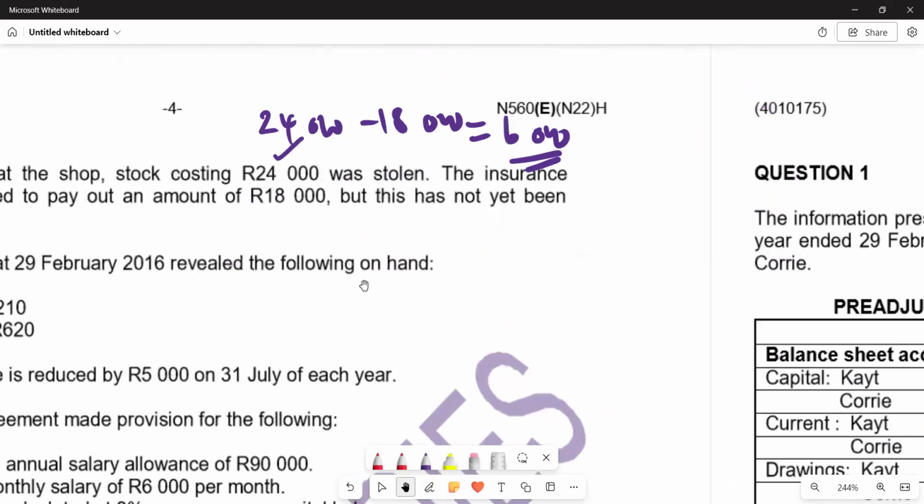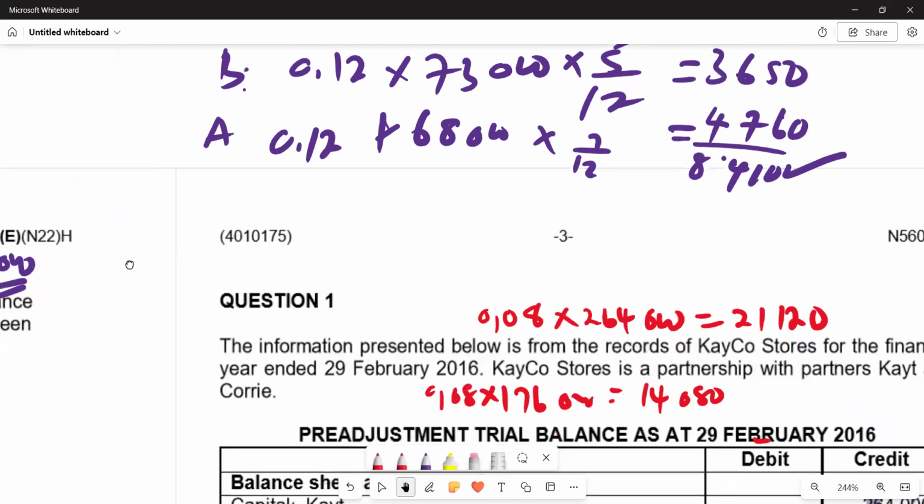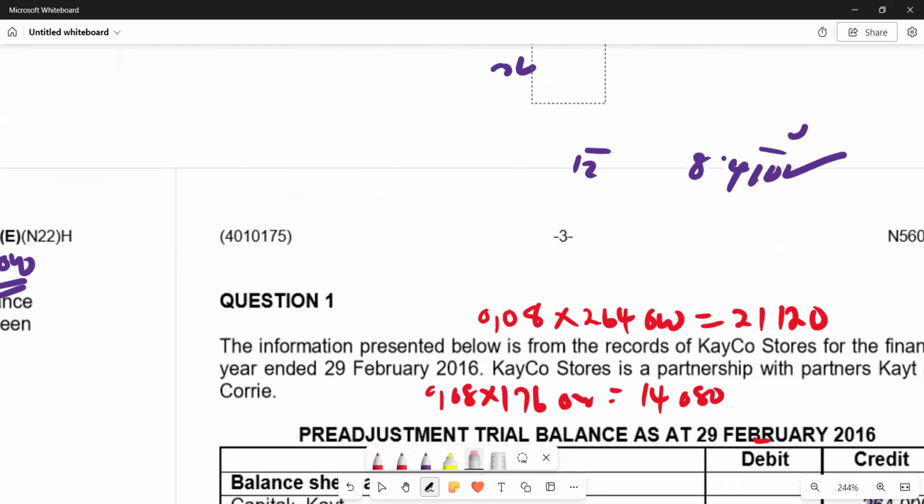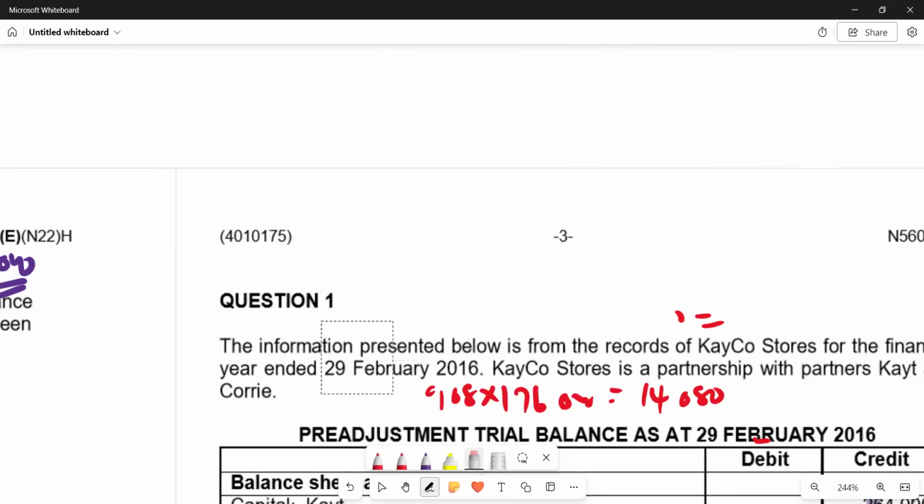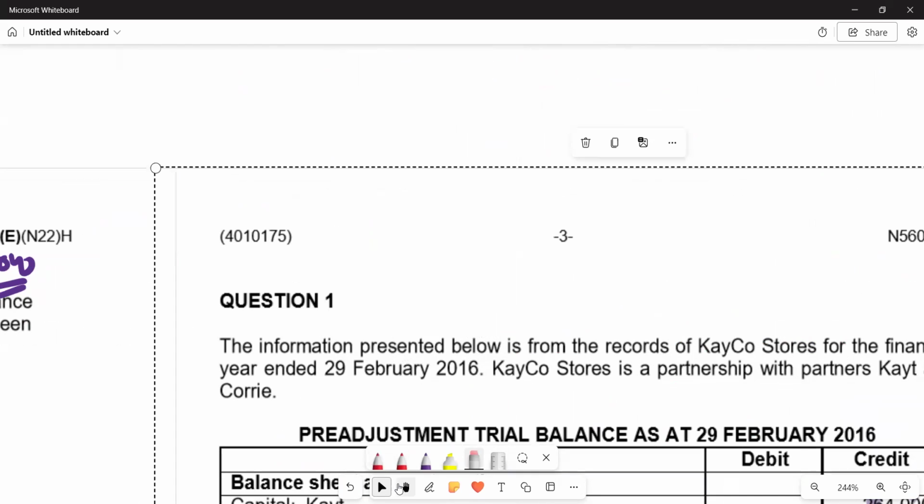We go there, 7.5%, and we are going to use that 7.5% on the figures that we are given.